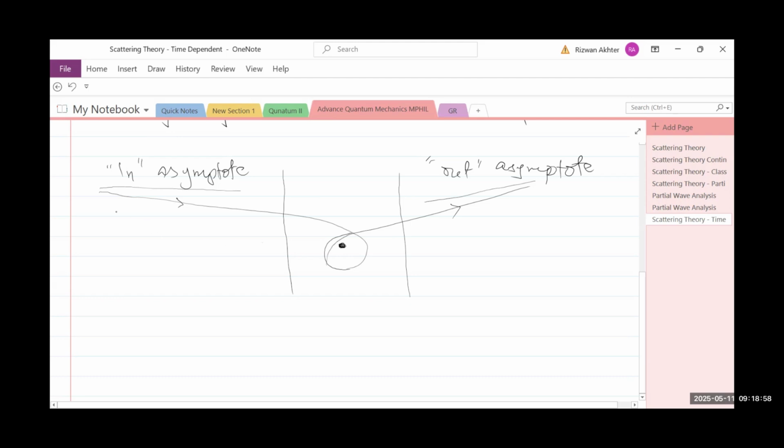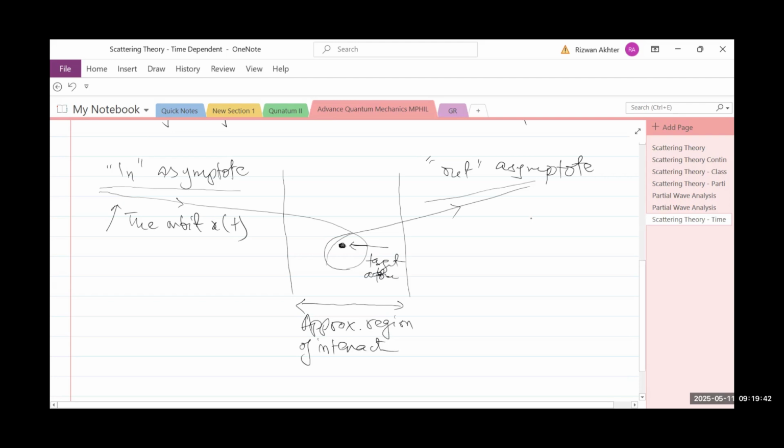This is the actual trajectory, that is the orbit. Because we are talking about the classical description, I call it x of t. And this is basically the target, this is the target atom. This is the approximate region, so we call it the approximate region of interaction.